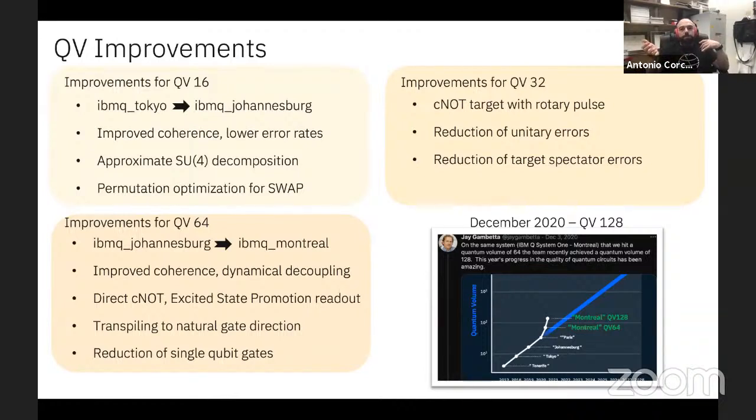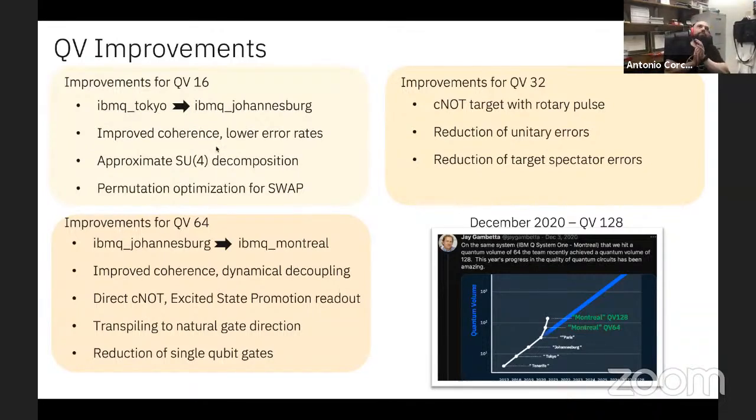Even though that can be seen as a problem for the swap implementation I was commenting on before, it comes with an advantage that we have less crosstalk because each qubit has fewer neighbors, so that ended up being a winning characteristic of this other backend.